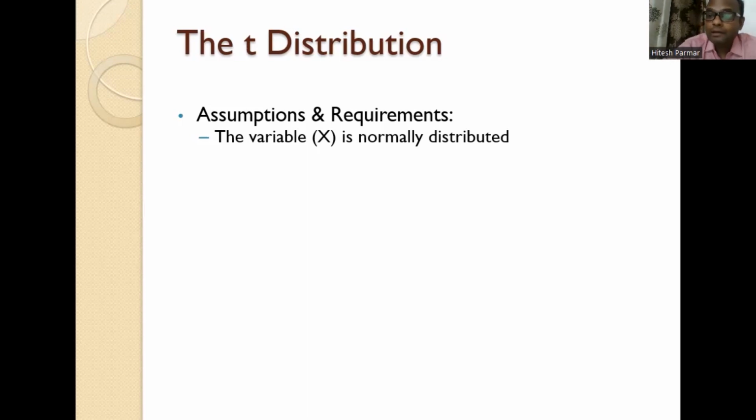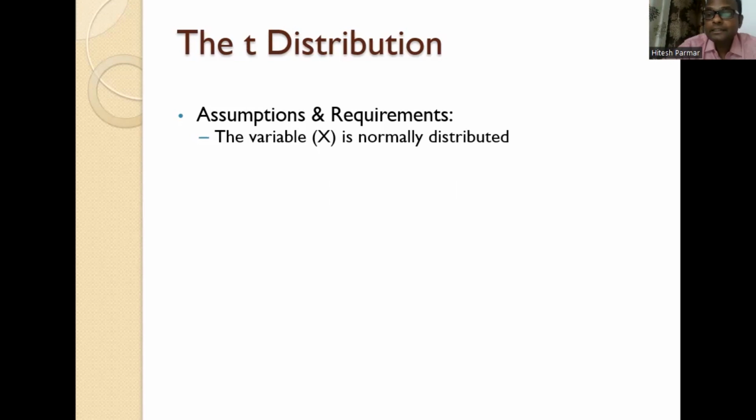But many a time, practically, when we are collecting the data, our sample size is greater than 30 and the population parameter is not known to us. We don't know what the population mean is. We don't know what the population variance is. So then what should we do?